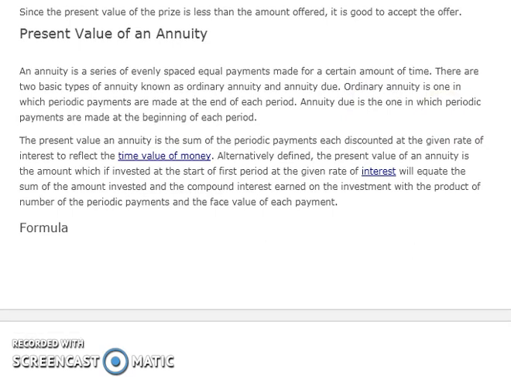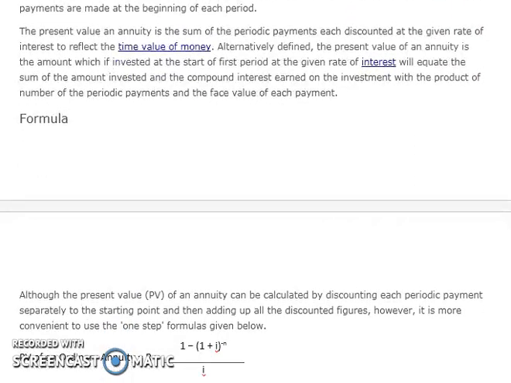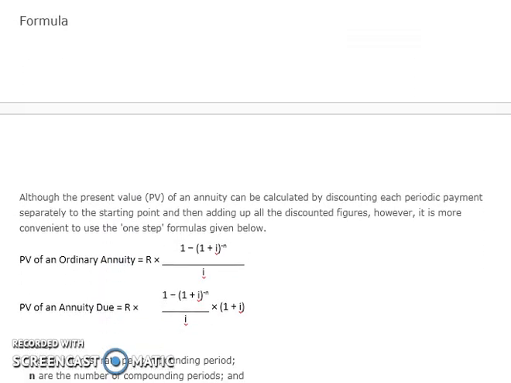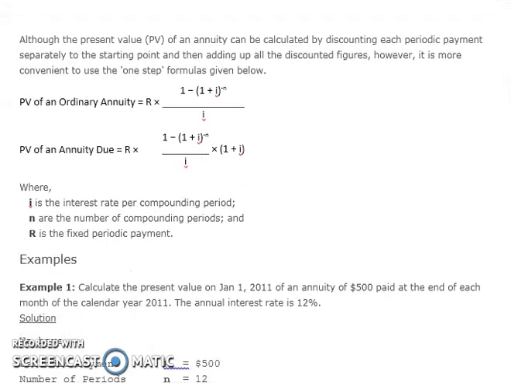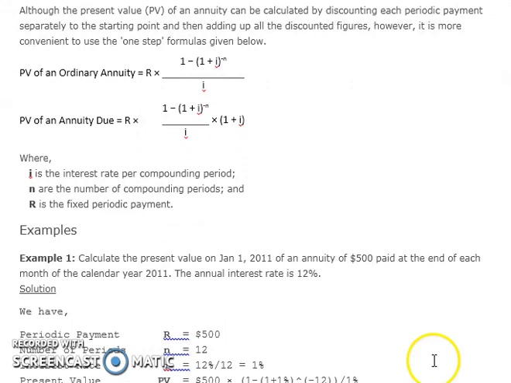Now we will try to understand the concept of the annuity with the help of an example. The first example: calculate the present value on January 1st, 2011, of an annuity of $500 paid at the end of each month.